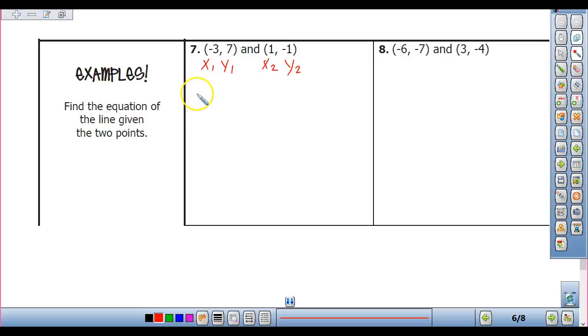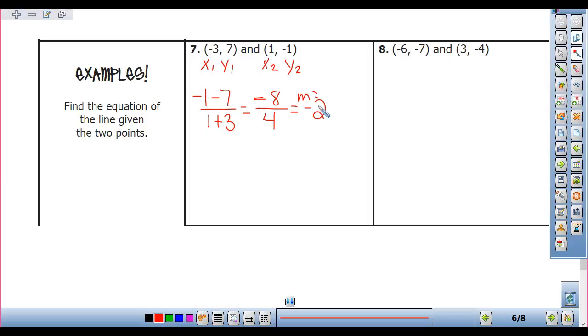What's going into my slope formula? Negative 1 minus 7 over 1 plus 3. On top I have negative 8 over 4, which is negative 2. So my m is negative 2.